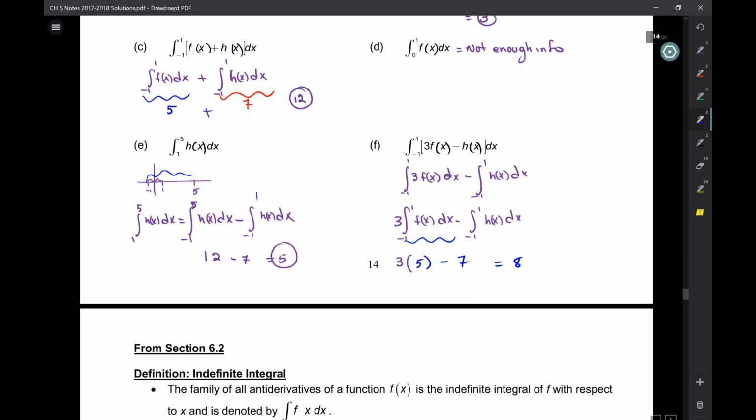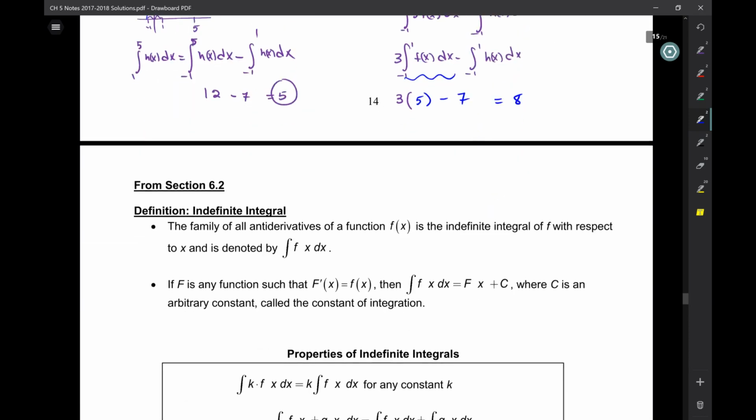Okay. One very important thing. If you forget to put the dx every time you have an integral, there will be points taken off, because having this symbol alone means nothing. Those two go together, all right? Because it's the sum of all of the areas, the sum of all of the little dx's.